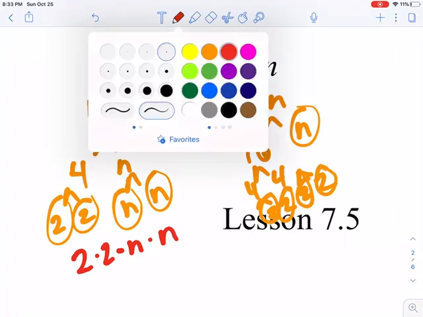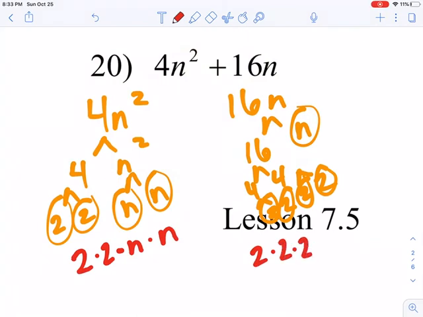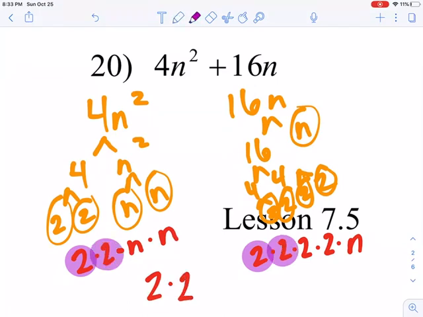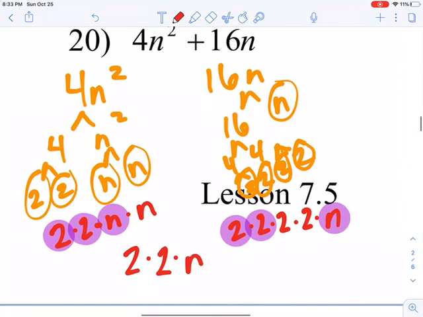All right, so then you have a 2, a 2, a 2, a 2, and an n. So let's see what gets married. A 2 and a 2 make a 2. A 2 and a 2 make another 2. An n and an n make an n. So it looks like our greatest common factor is 4n.